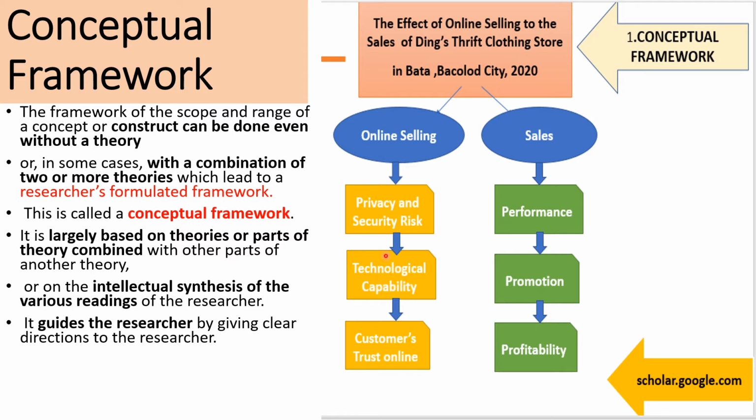So I'm thinking like that. And then customers trust online. I'm also considering the customers trust online. And these factors and this variable online selling will affect the sales of my company, Dane Street Clothing Store. The sales will be affected.